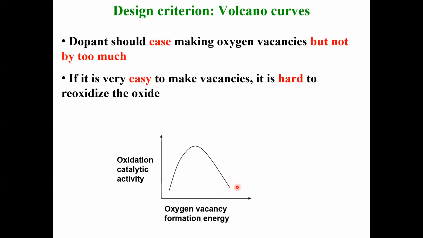If the oxygen vacancy formation energy is very high, it is very hard to give off oxygen. So a good oxidation catalyst is one in which the oxygen vacancy formation energy is neither very low nor very high. You want to be in this region, and that's the governing design logic for this system.